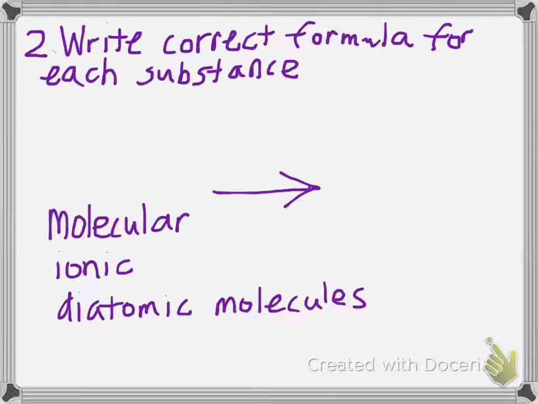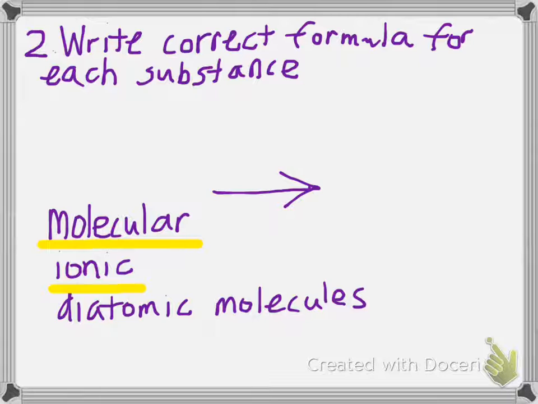Again, for the most part, you're going to be given names, how to write the formula. Remember, for a molecular compound, your prefixes become your subscripts in your chemical formulas. For ionic compounds, again, you know that a compound is ionic because it's made of a metal and a nonmetal, or it has a polyatomic ion.